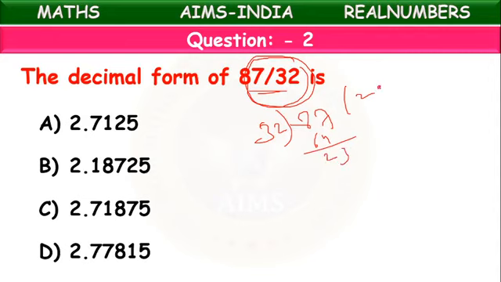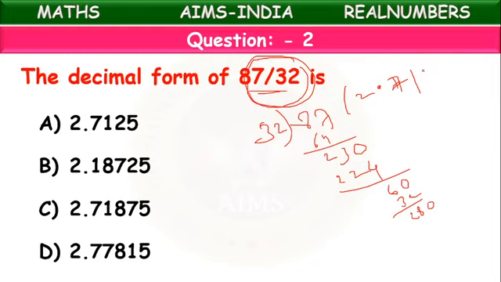We can take 0.0, 230. 32 7 times, 7 2 times 14, 7 3 21, 224. 6 will be remaining. 60. 32 1 time, 32. 28 will be remaining. 280.